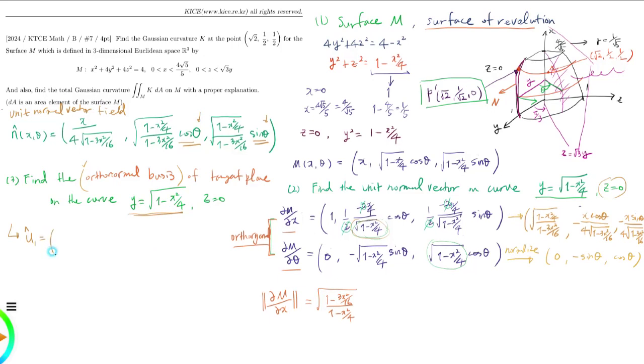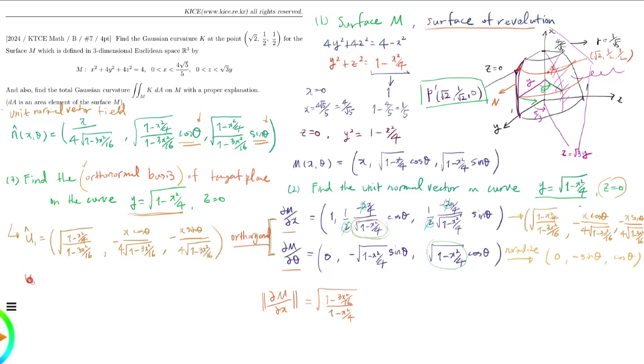Let me call it the u1 vector: the square root of (1 minus x squared over 4) over (1 minus 3x squared over 16), minus x cosine theta over 4 times the square root of 1 minus 3x squared over 16, minus x sine of theta over 4 times the square root of 1 minus 3x squared over 16.